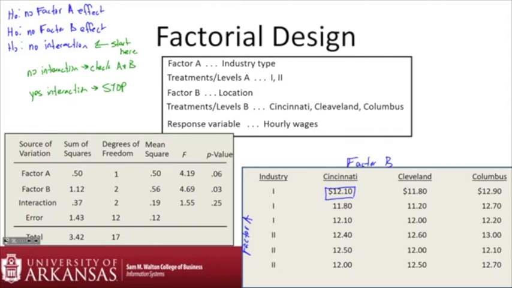So in this case, we don't have an interaction, so we can be comfortable with our factor A and factor B. Is there a difference in factor A, so in industry, assuming 0.05? In factor A, no. So in factor A, there is no effect.